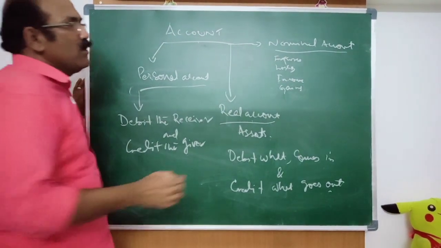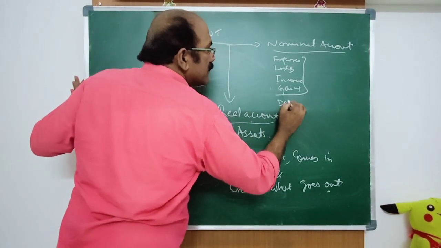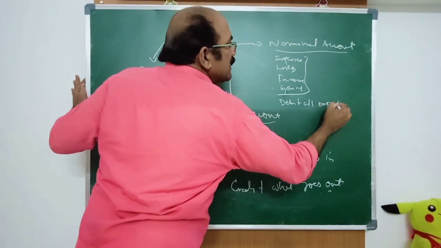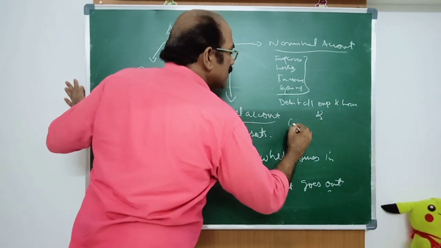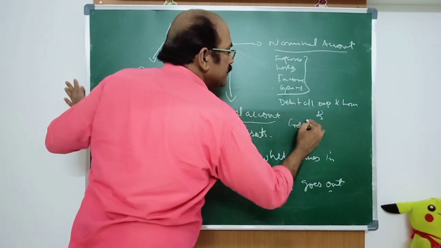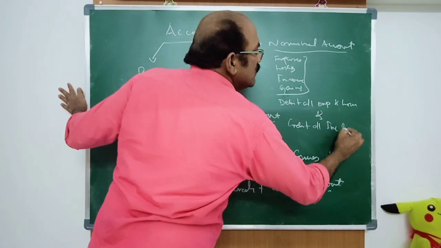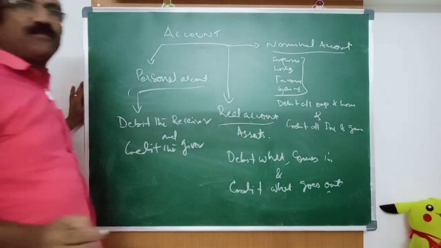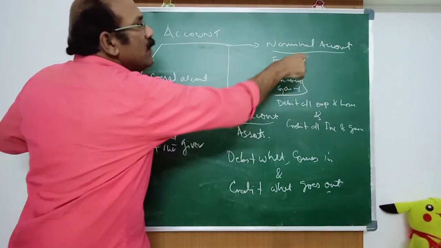Now what will you say for this? Debit all expenses and losses and credit all incomes and gains.